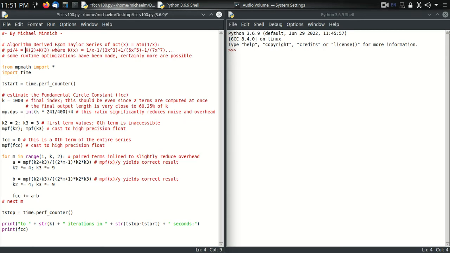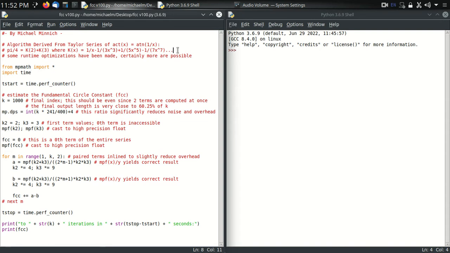If you leave it alone, it's the fundamental circle constant. The fact that everybody has to go back in and artificially multiply by 4 to get pi, that's a sign that it's not right.